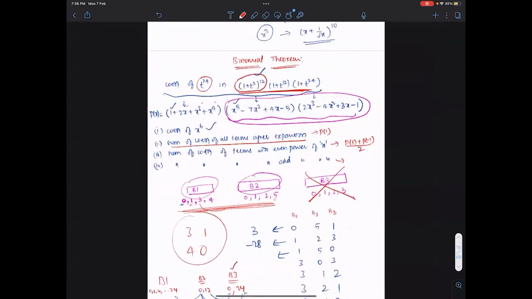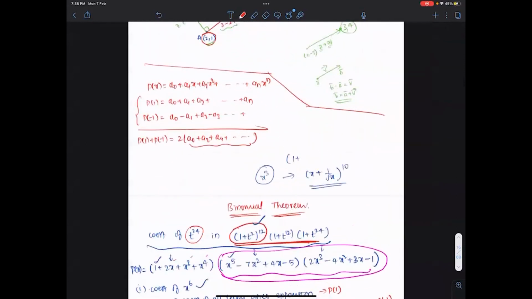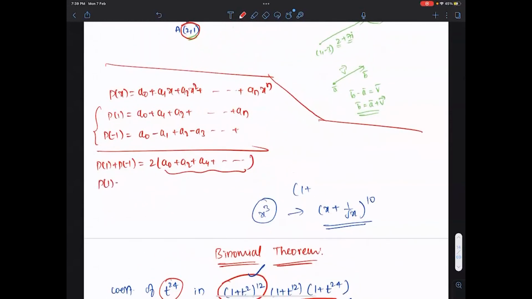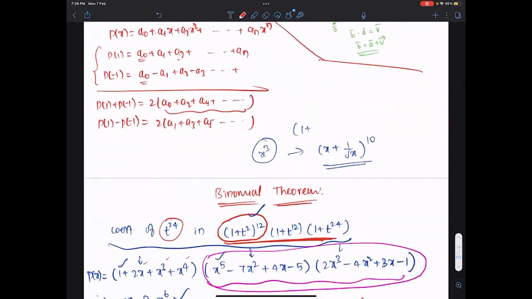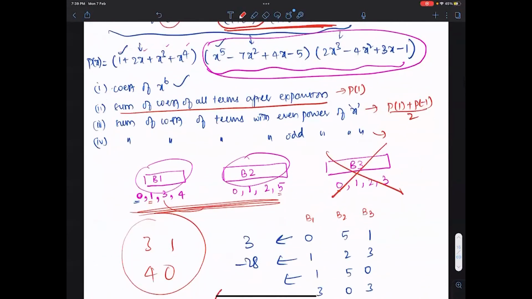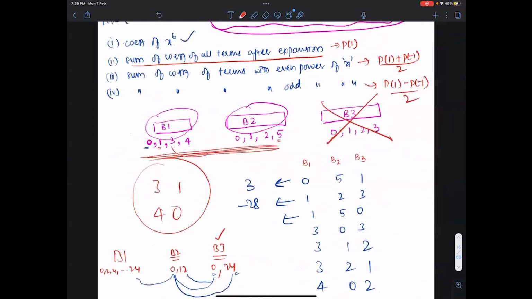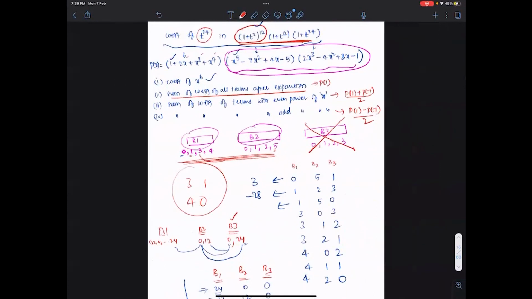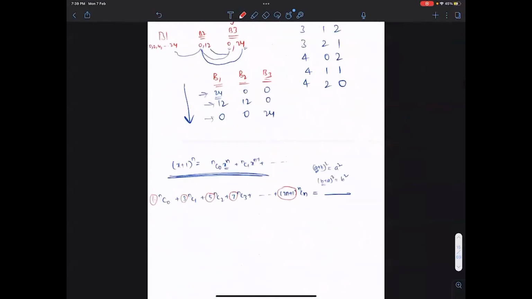And if you subtract them, then the even power coefficients a0, a2, all those will get cancelled. You'll get 2 times a1 plus a3 plus a5. Okay, so the sum of odd power coefficients is P of 1 minus P of minus 1 by 2, like that. Done? Yeah.